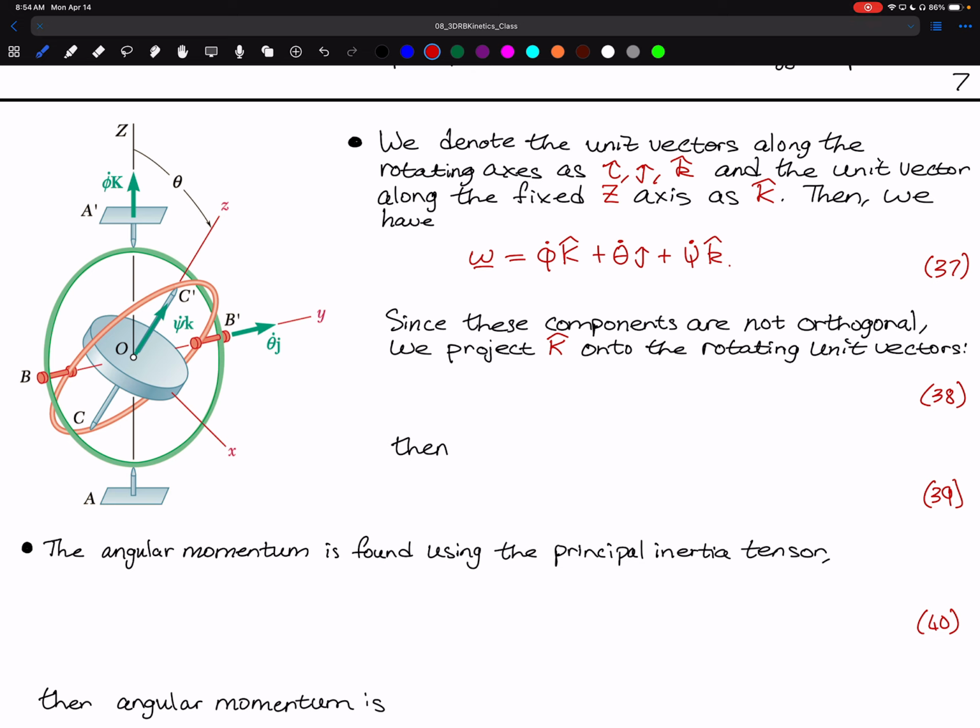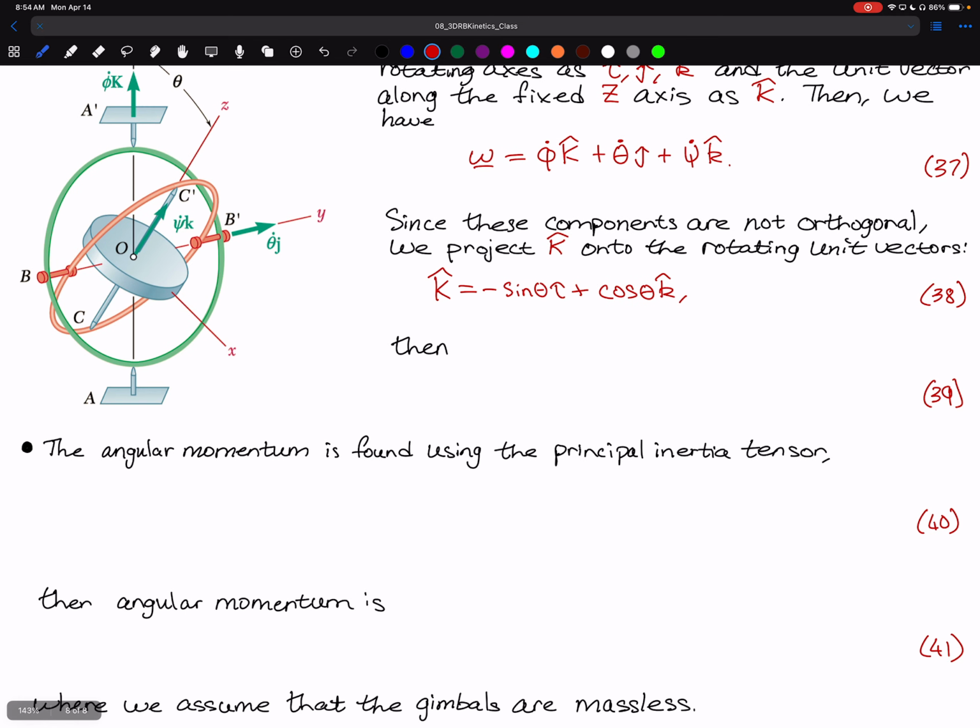All right, so these three components are not in orthogonal directions, and as a result, we're going to project the capital K hat onto the rotating unit vectors. This will give us that capital K hat is equal to minus sine theta i hat plus cosine theta lowercase k hat, and then we can substitute that in for omega.